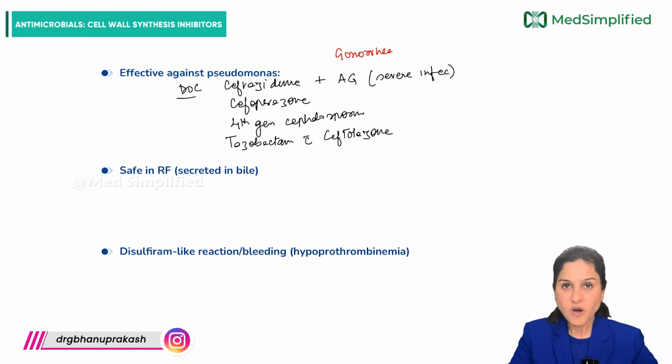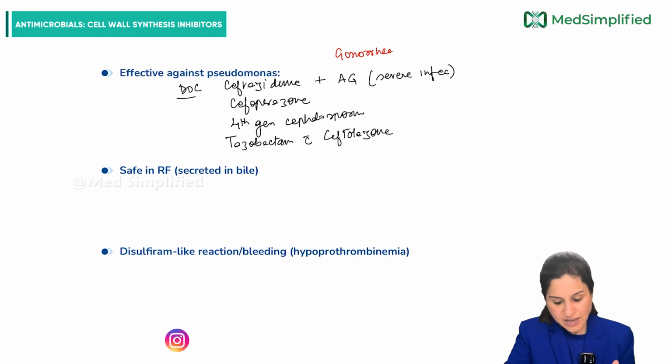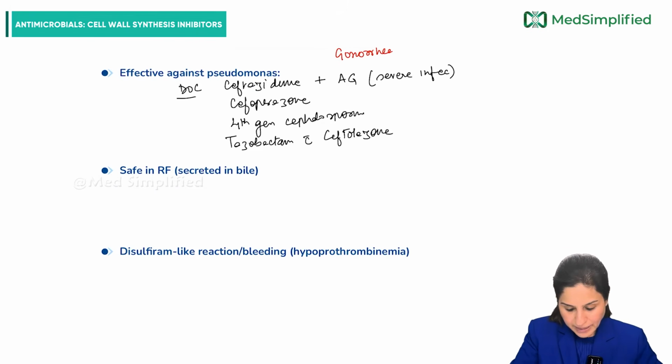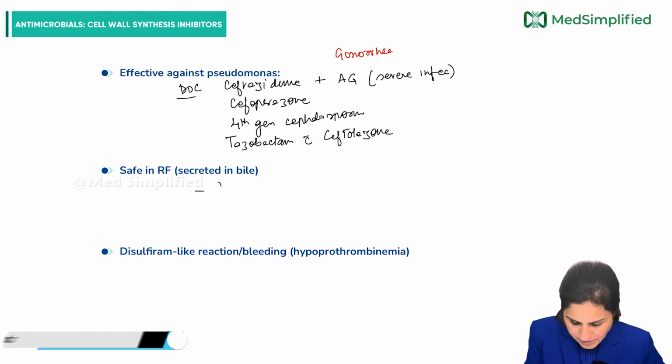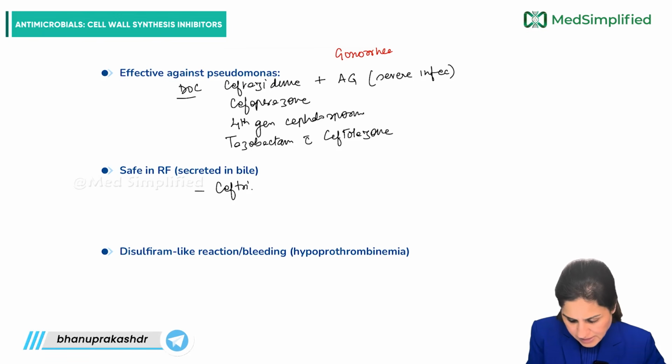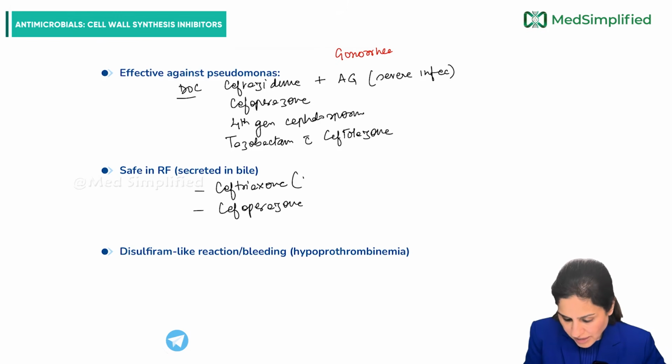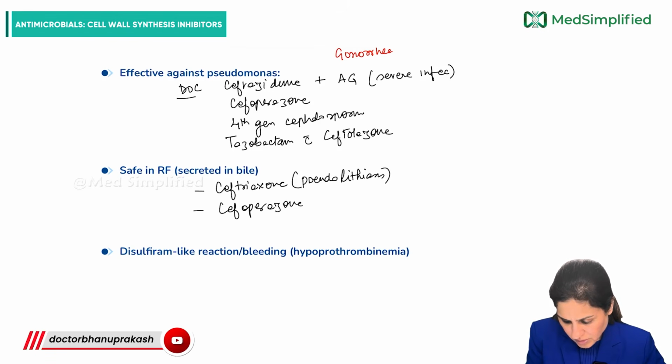Then which of the cephalosporins are safe in renal failure because they're secreted in the bile? Again we have ceftriaxone and cefoperazone. Ceftriaxone also causes pseudolithiasis.